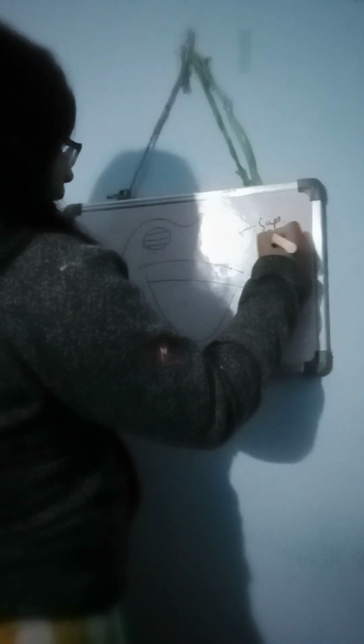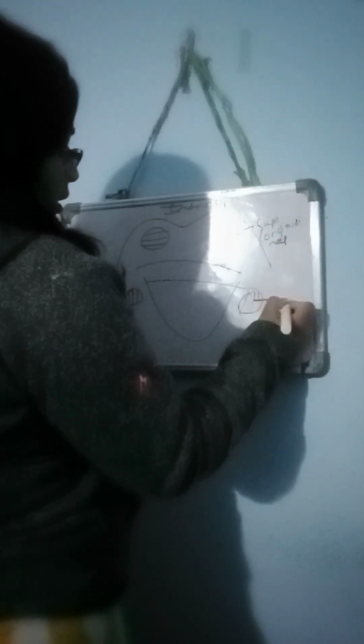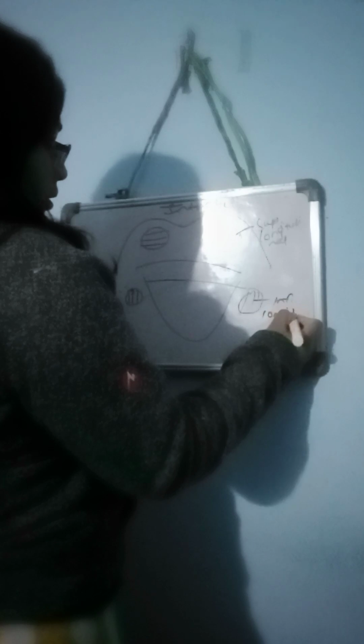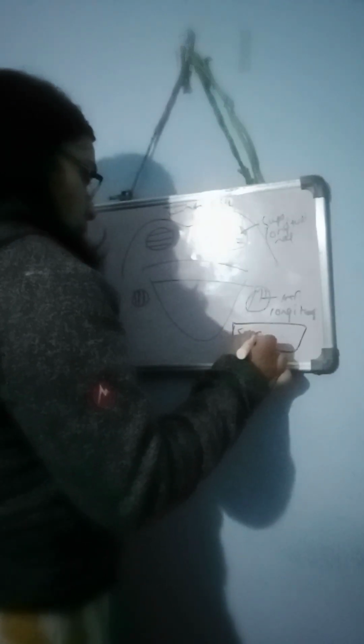Both of these muscles have the function of shortening the tongue. They are responsible for making the tongue short. The only difference is that the superior longitudinal muscle makes the tongue concave, whereas the inferior longitudinal makes it convex.